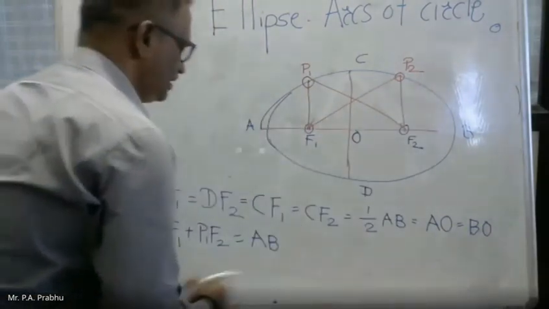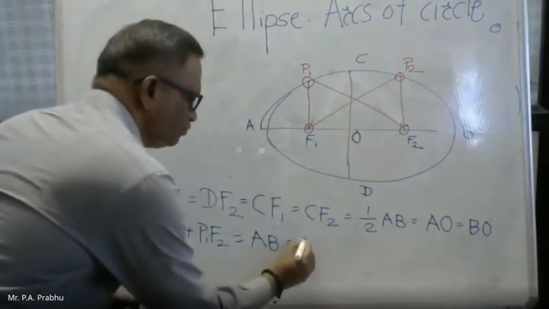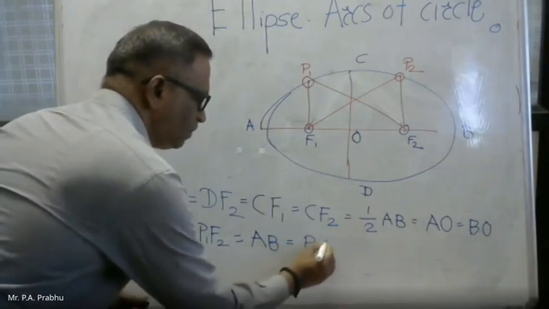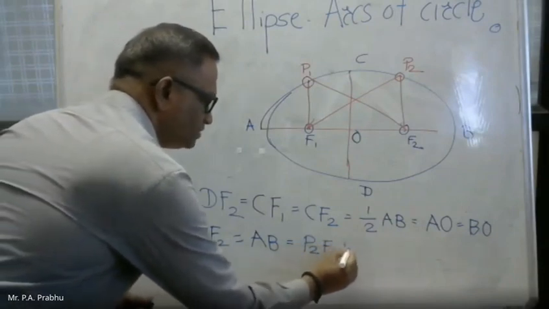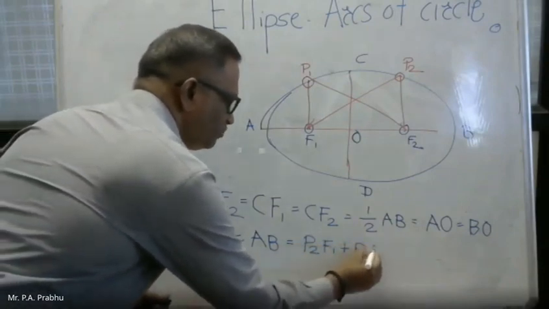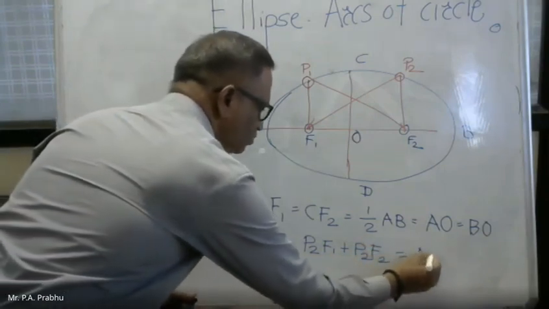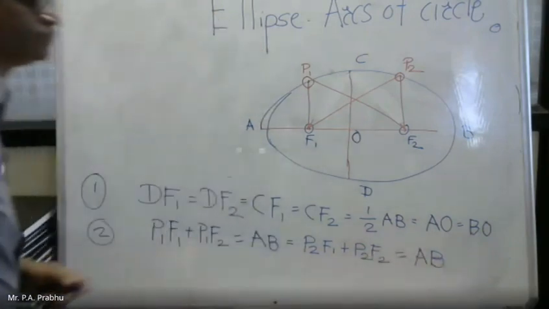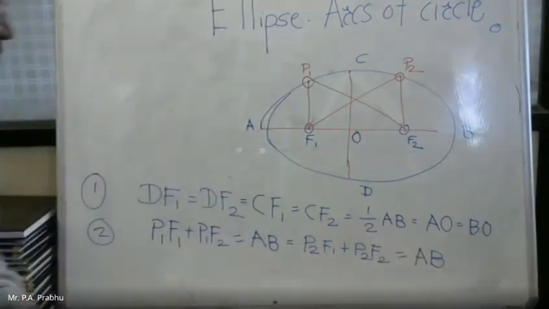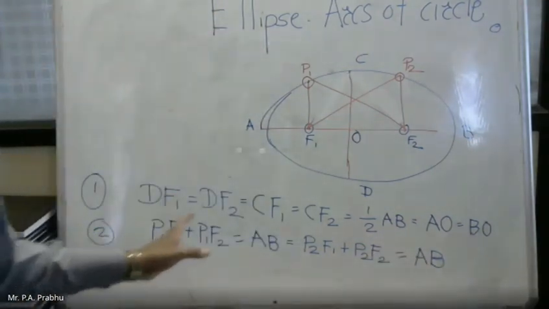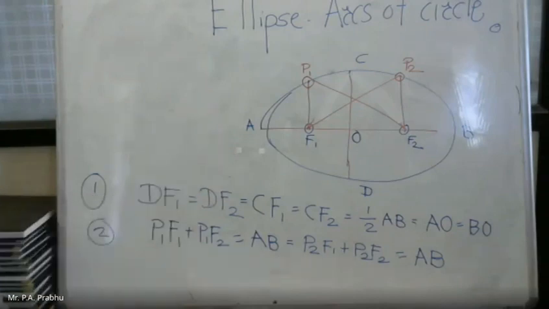So P2F1 plus P2F2 is equal to the length of the major axis. So using this property, we have to complete that ellipse.